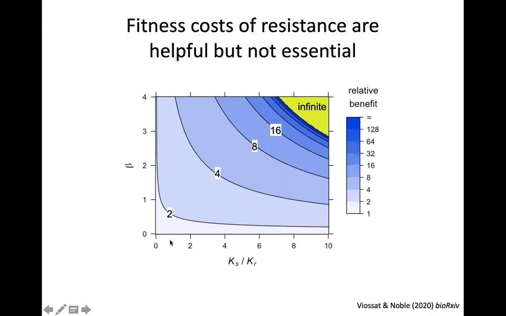And what we see is that if resistant cells are poorly able to compete both with sensitive cells and in general, so they have high density dependence and they're particularly poor competing with sensitive cells, then we find that the clinical benefits of the containment approach can be very large.